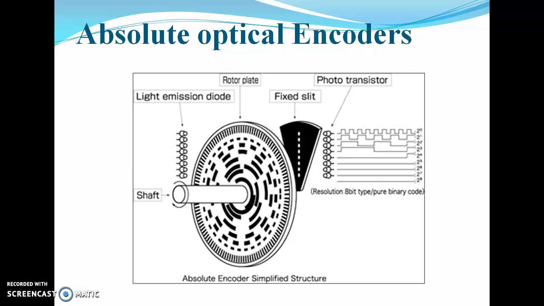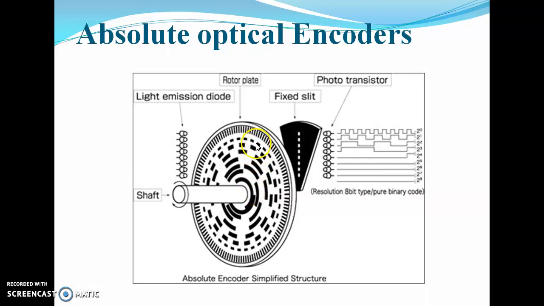This is another type of absolute optical encoder. Now it is an 8-bit optical encoder. Since there are 8 segments or 8 concentric circles, it requires 8 light emitting diodes and 8 sensors to detect the light. Here you can see the shaft whose angular position is to be calculated, which is connected to this disc.